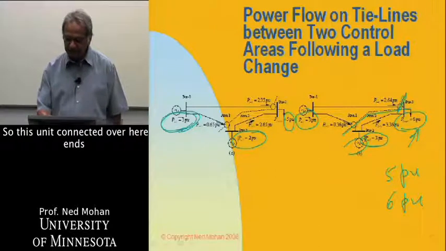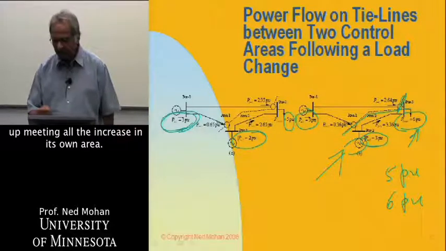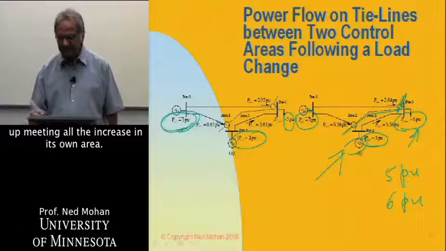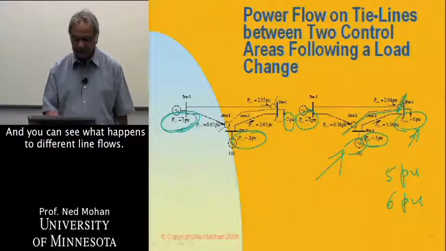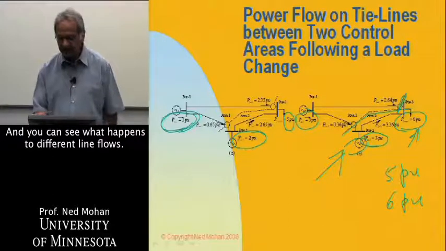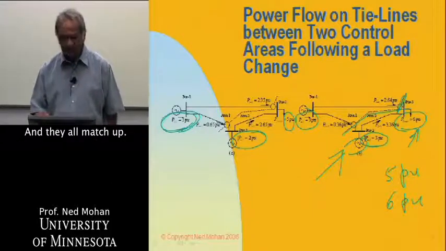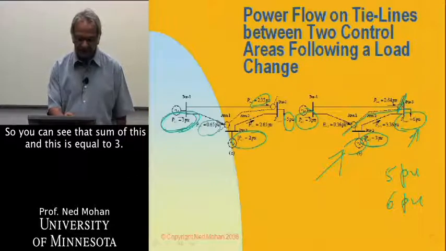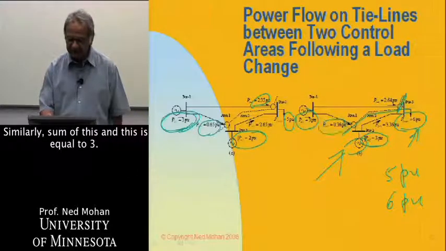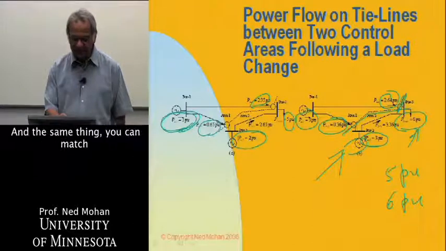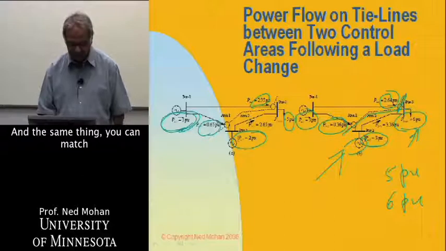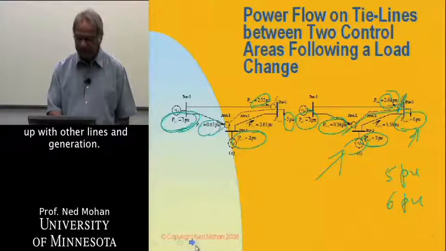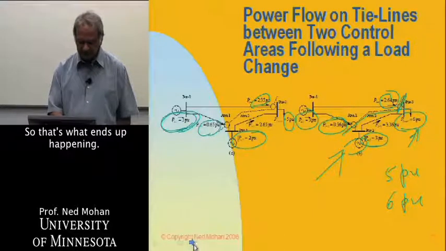So this unit ends up meeting all the increase in its own area, and you can see what happens to the different line flows, and they all match up. The sum of this and this is equal to 3. Similarly, the sum of this and this is equal to 3. You can match up the same thing with other lines and generation. So that's what ends up happening.